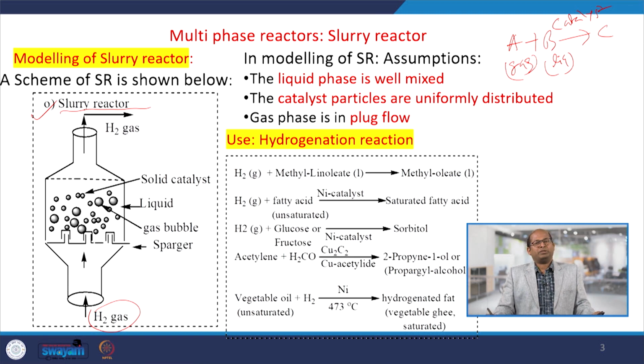When these three components come in contact at a particular temperature and pressure, then product C formation takes place. In this type of slurry reactor, you can see at the bottom of the reactor gas is passing through a sparger, gas bubbles are formed, and the bubbles go up.